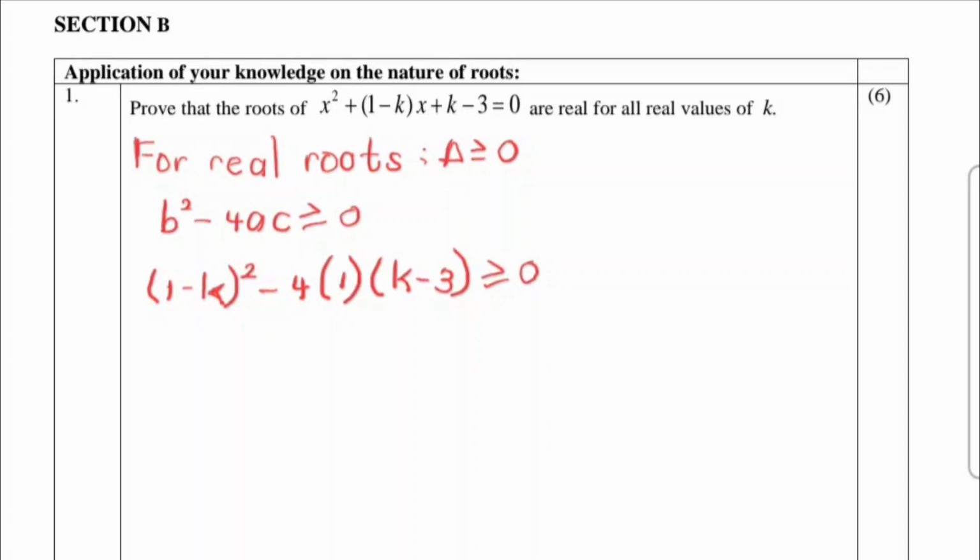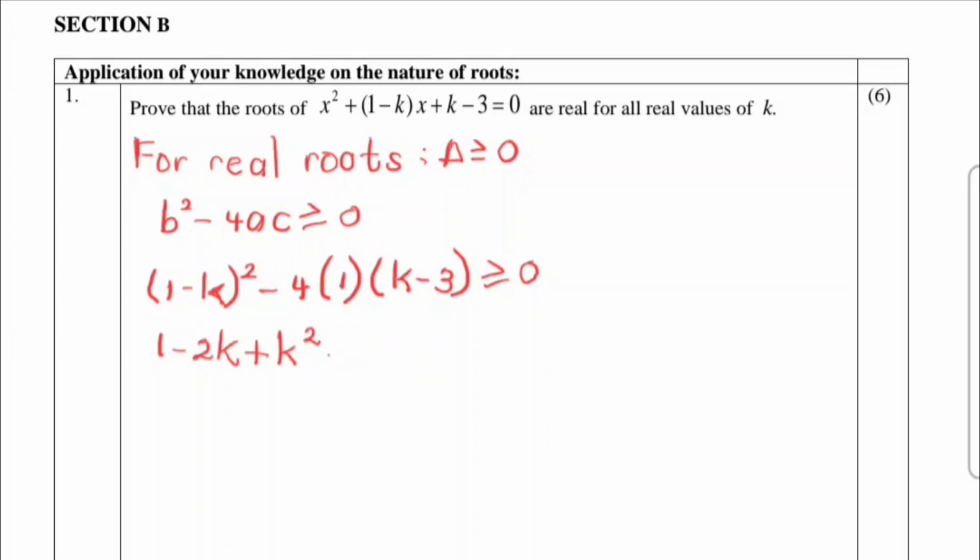So we're now going to simplify. And we have 1 minus k all squared. We have a binomial squared, which is going to result in a trinomial. To get the first term, we square the first term. To get the middle term, we multiply both terms together and we times by 2. That's going to be negative 2k. To get the third term, we square the second term. That's going to be plus k squared. Then, negative 4 times 1 is negative 4.